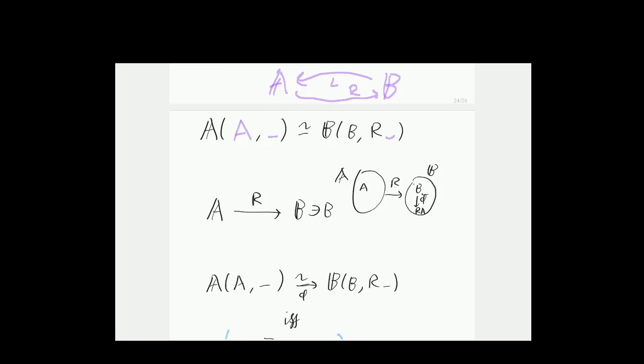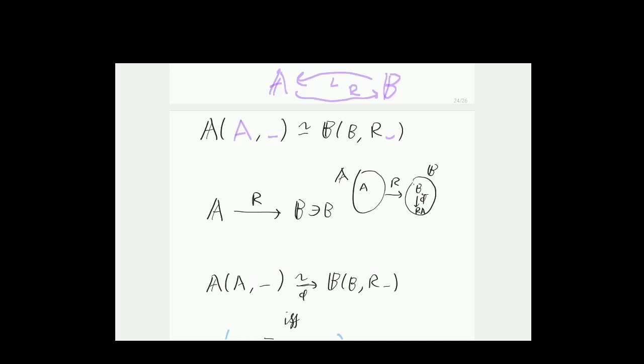That basically scripty A of A blank has a natural isomorphism to scripty B of B comma R blank. That we have this natural isomorphism like this.